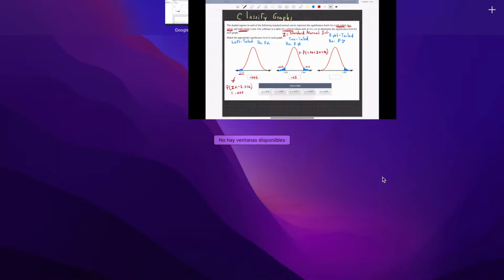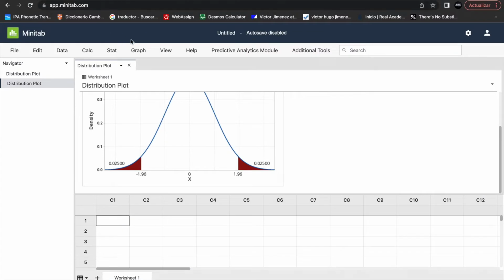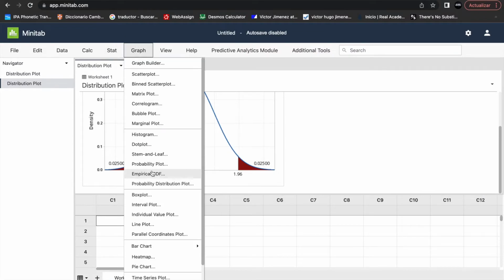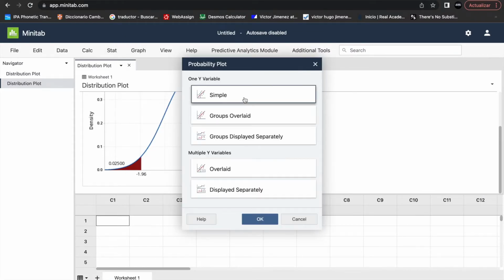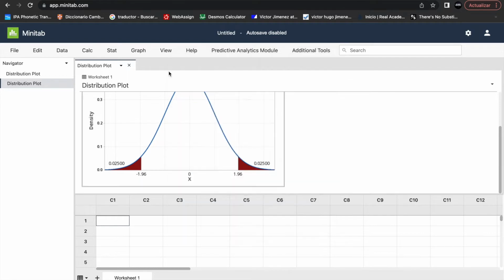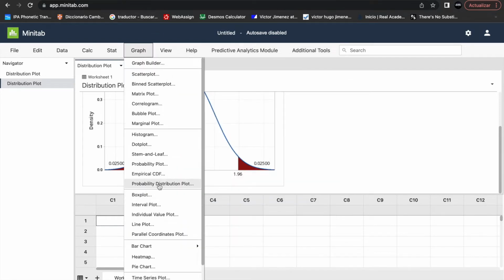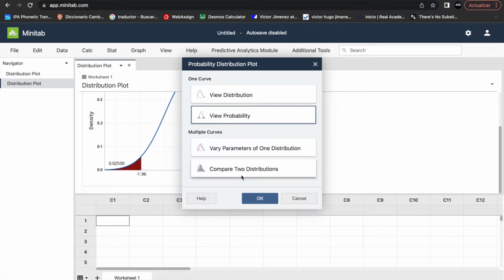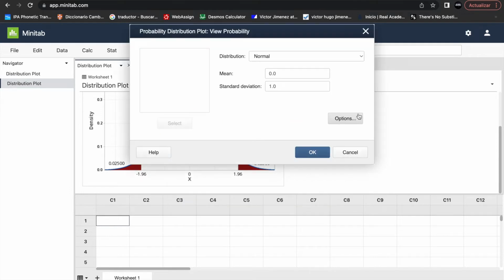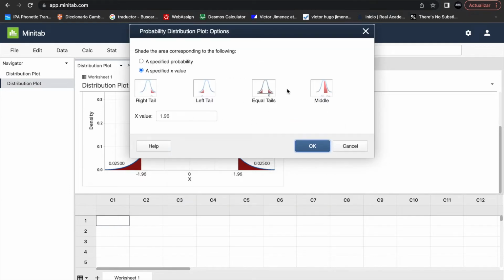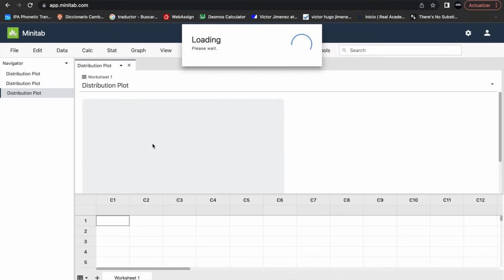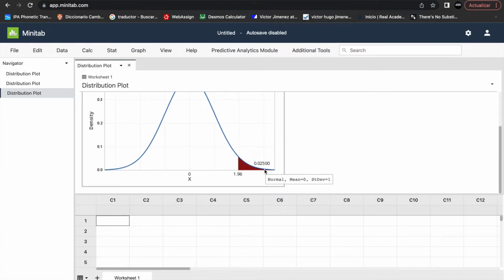For this one, repeat the process. Graph, probability distribution plot, view probability, okay. Now use right tail, 1.96, okay, okay, and you will have 0.025.